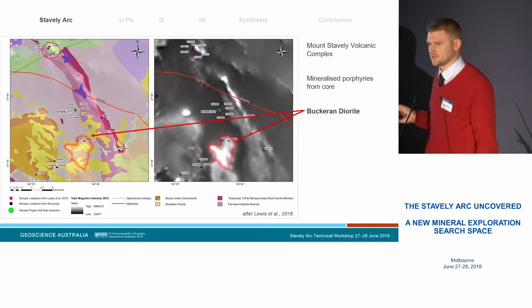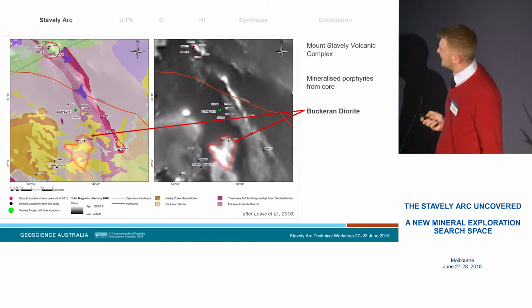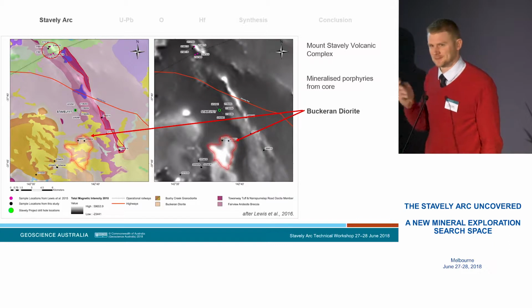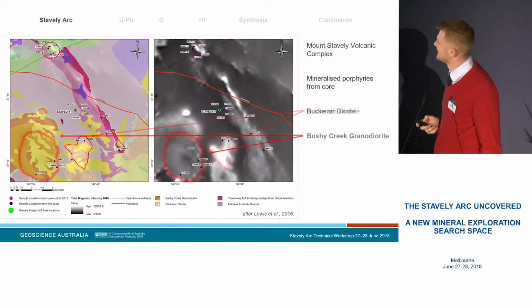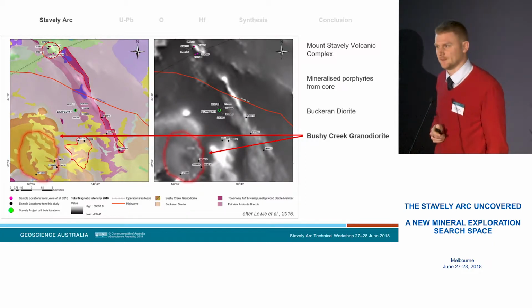Now, what's important with this, I'll just draw your attention to it because it has implications later. We have two samples from the Buckaran, one in the main central part of the northern body in the magnetic image, but there's also one on the very edge. We'll come back to that later. And the Bushy Creek granodiorite is another sample we look at.